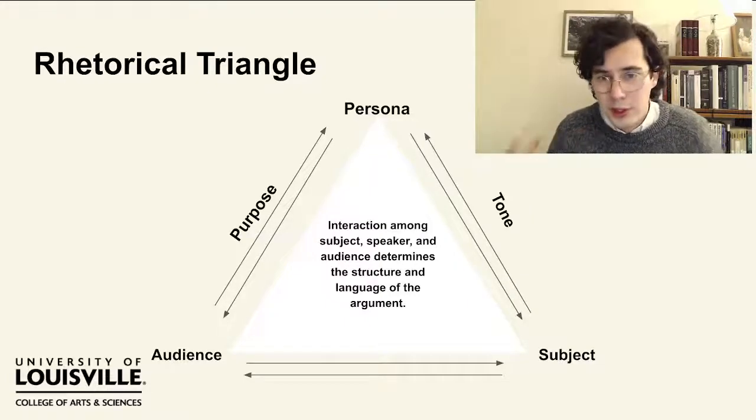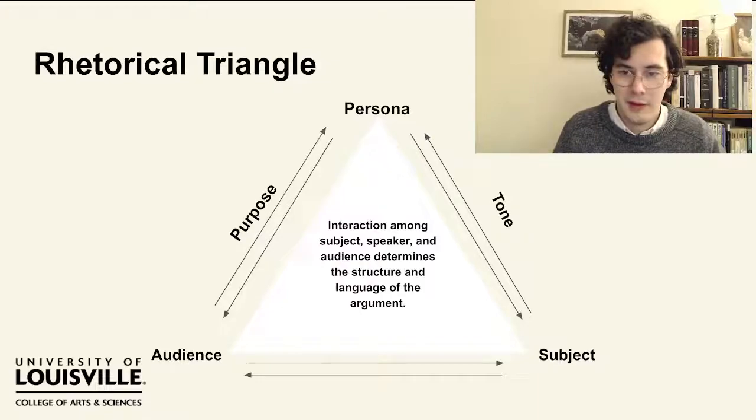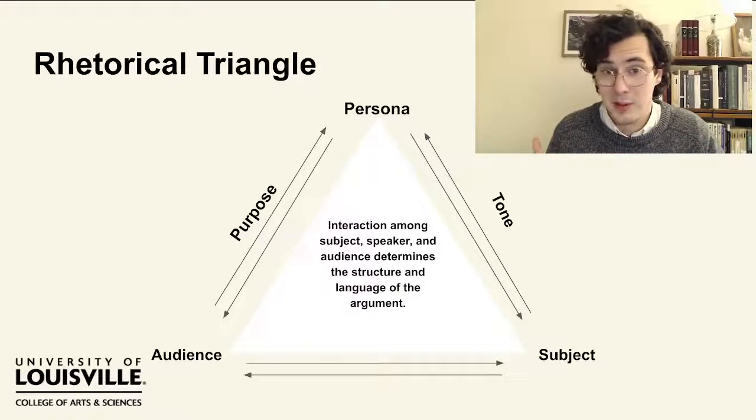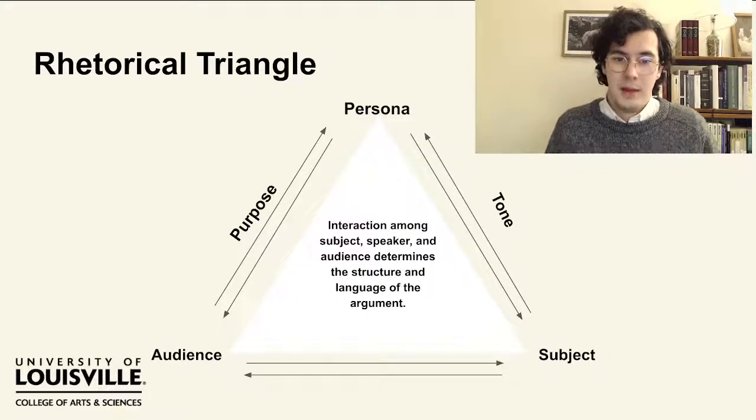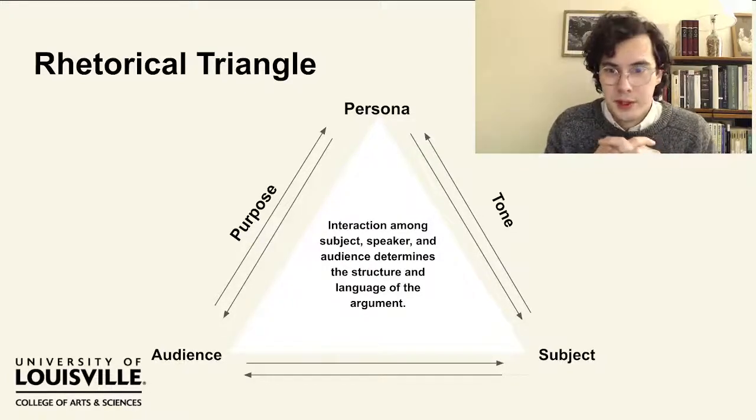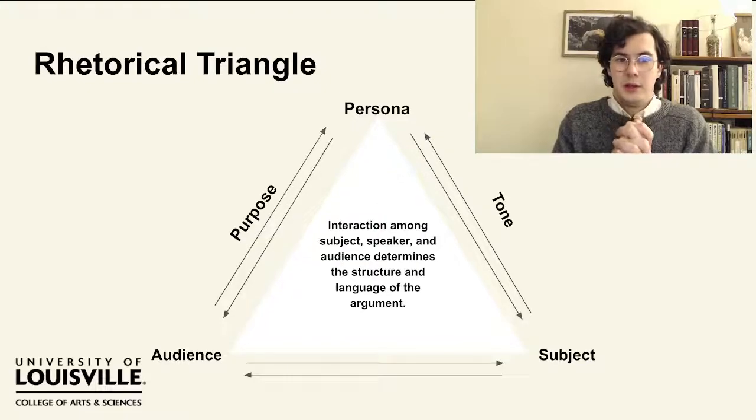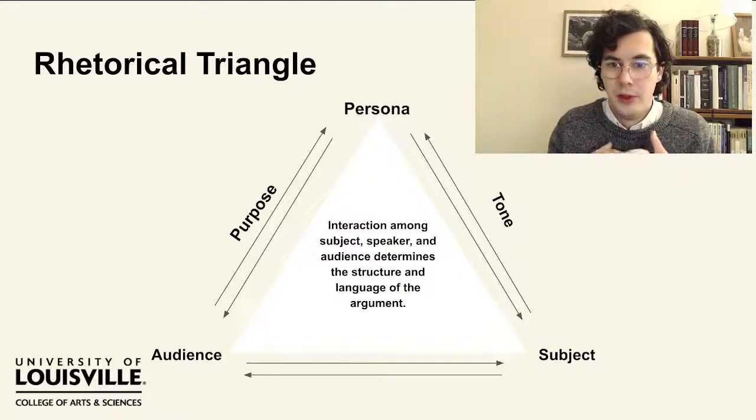If you have a humorous and witty and clever tone, and the subject is something that is deathly serious, right? Euthanasia, perhaps. The tone might be misaligned with the subject, okay? And that can break down the communication of your rhetoric. So we need to make sure we have an appropriate tone situated to the subject at hand.